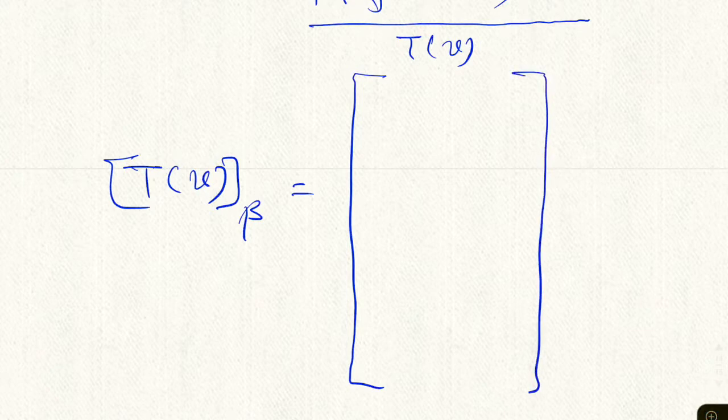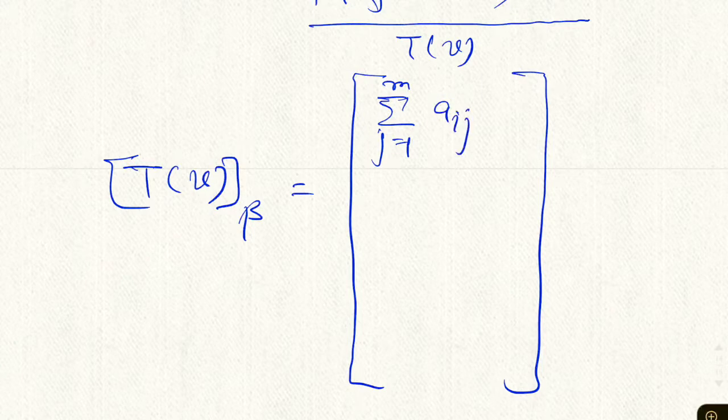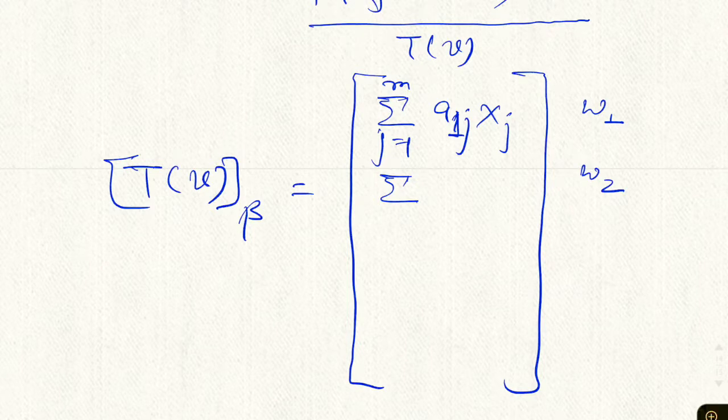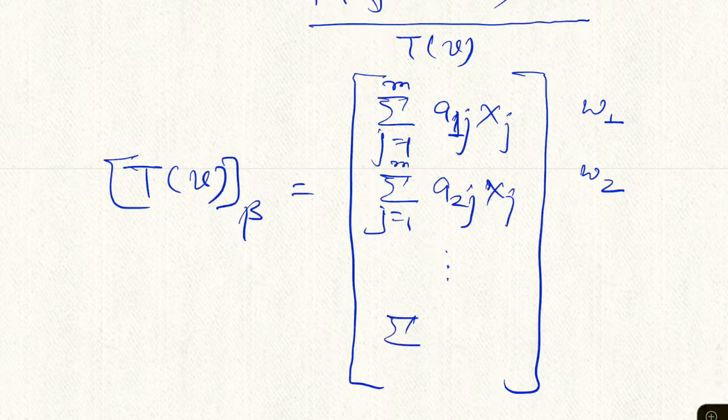So with respect to w1, the coefficient will be the summation, j equal to 1 to n, of a1j xj. Here it is 1, and this is xj. Similarly, for w2, the summation with j varying from 1 to n of a2j xj, and so on.